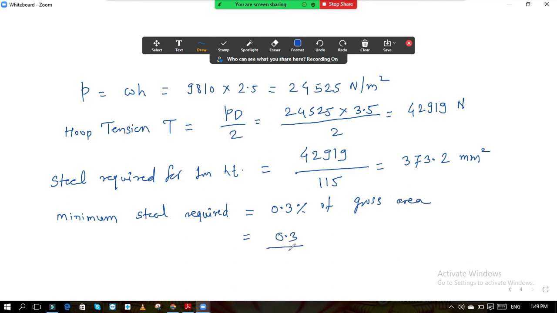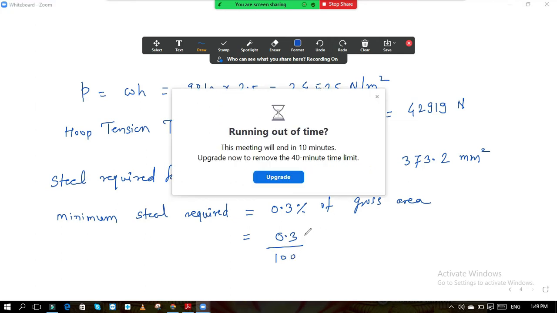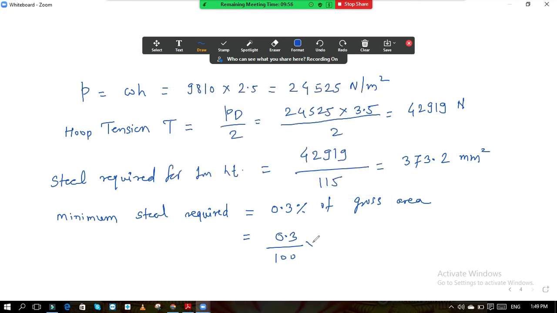So it is 0.3 divided by 100, multiplied by 150 into, we have considered 1 meter, so per meter 1000. So it works out to be 450 mm square.